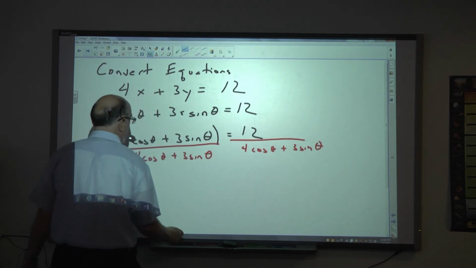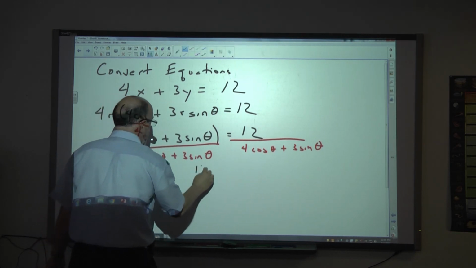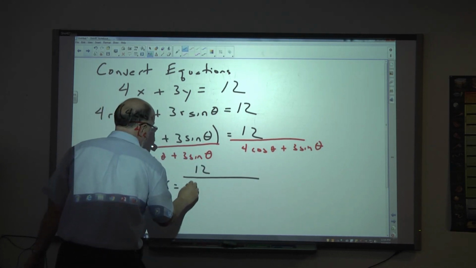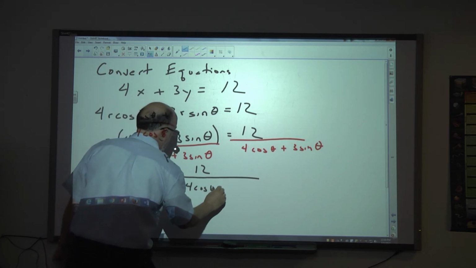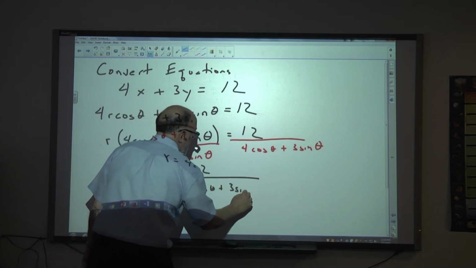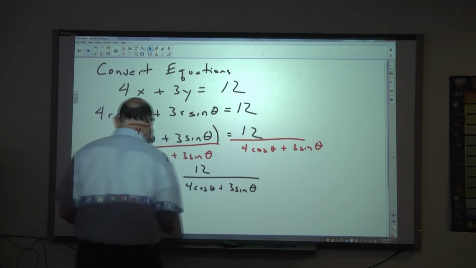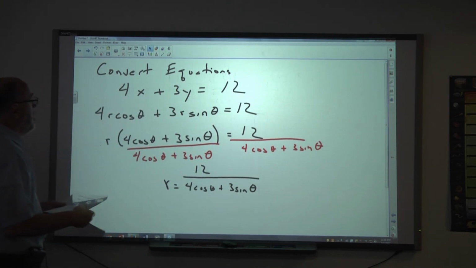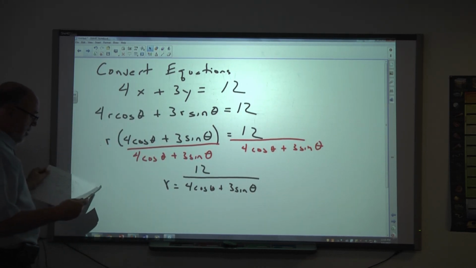And so we end up that r is going to be 12 over 4 cosine theta plus 3 sine theta. And so we convert our equation from an xy equation to an r theta equation.